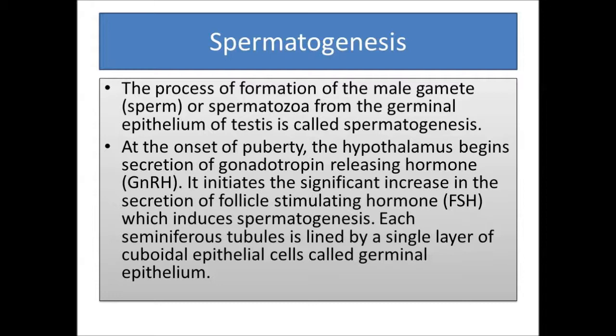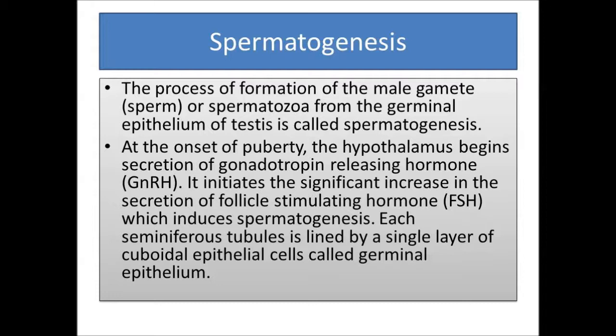At the onset of puberty in males, the hypothalamus begins the secretion of gonadotropin releasing hormone. In short, it is called GnRH. This hormone initiates a significant increase in the secretion of follicle stimulating hormone, that is FSH, which induces the spermatogenesis process.